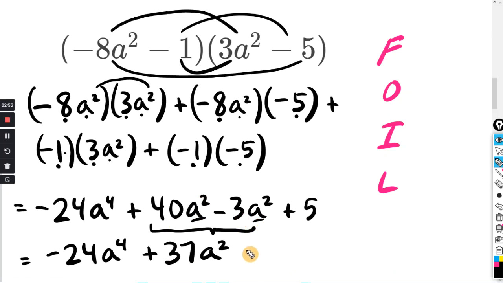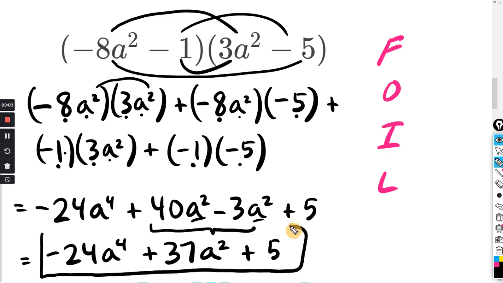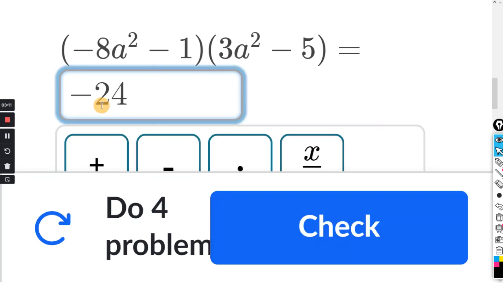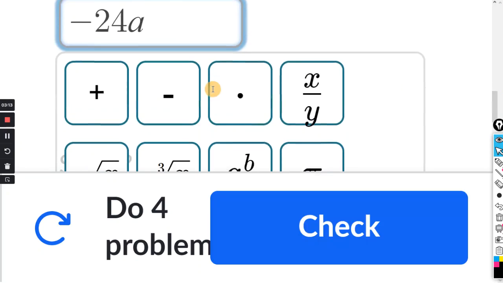And finally, on the end, the constant term plus 5. Nothing to combine that with. So that's it. Negative 24, a to the 4th.